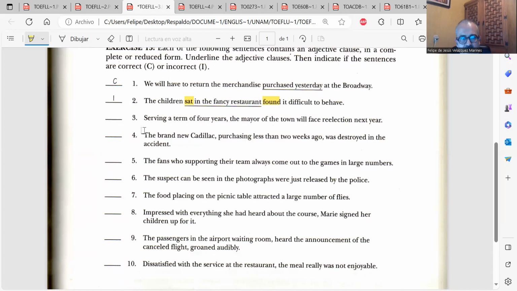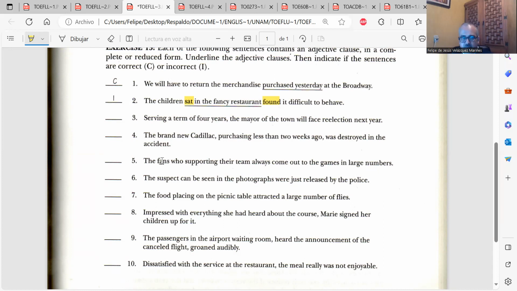Okay, so Melina, number 3. Serving a term of 4 years, the mayor of the town will face re-election next year. Is that correct? Yes, it is.